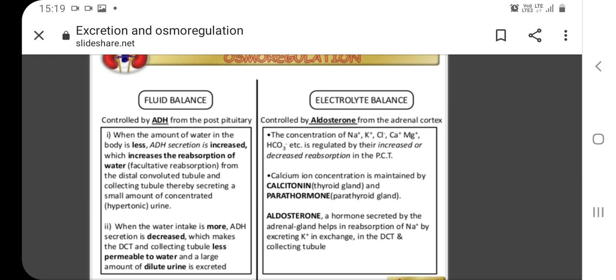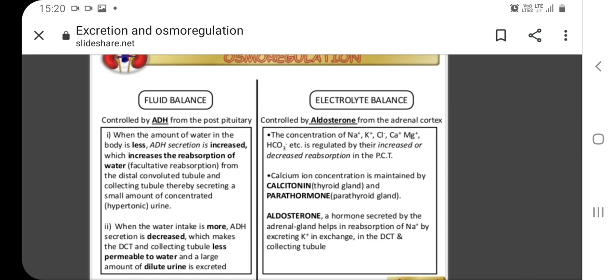Now, how is the electrolyte balance maintained? The electrolyte balance, that is the presence of sodium ion, potassium ion, chloride ion, hydrogen ion, etc., is maintained or controlled by aldosterone from the adrenal cortex.